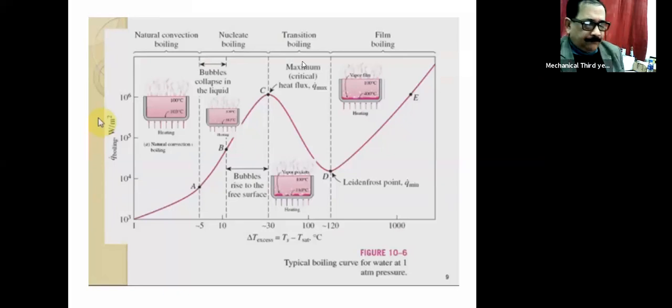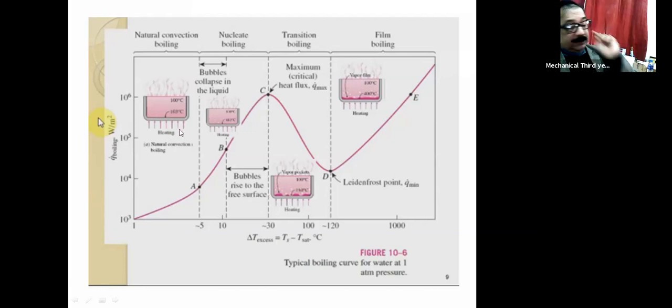Now what is there? Along the y-axis we have put the boiling heat flux, and on the x-axis the excess temperature above the saturation temperature. We can see this is 1 to 5 for this particular case. What have we taken here again?